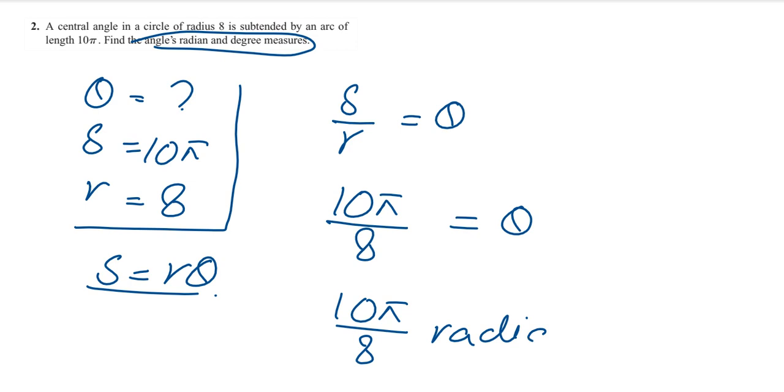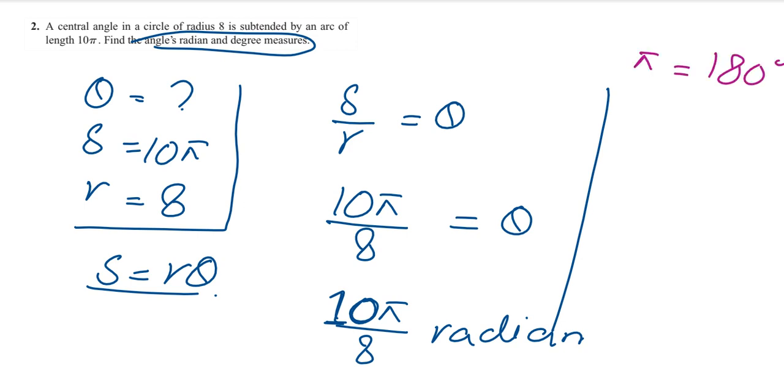So we get the angle in radians. We do know whenever we get any value in pi, that's the angle in radians. But now we have to convert this radian value into degrees. And what will we do? We know that pi radians is equal to 180 degrees. So 1 radian will be equal to 180 over pi.